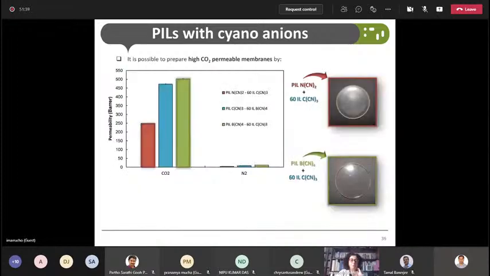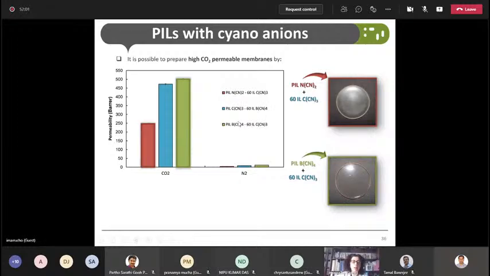Okay. So here we have the permeabilities. We only managed to measure the anion BCN4 inside of CCN3. These are all with the different cations and anions.